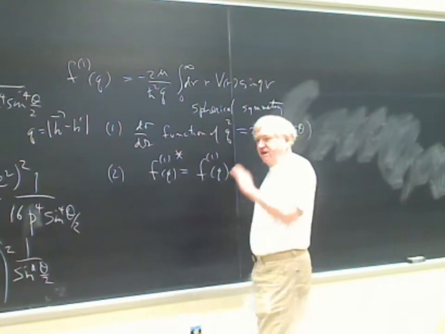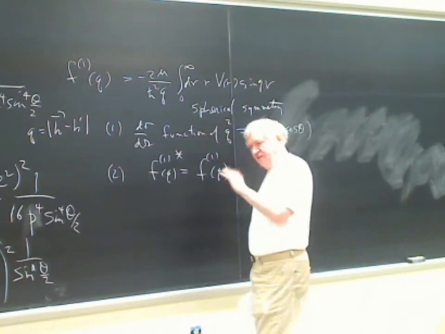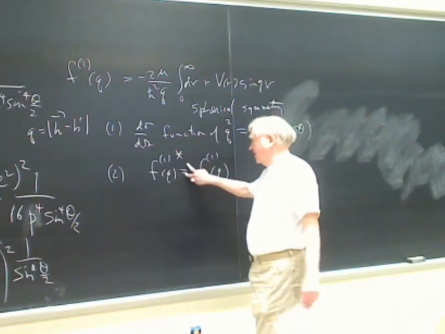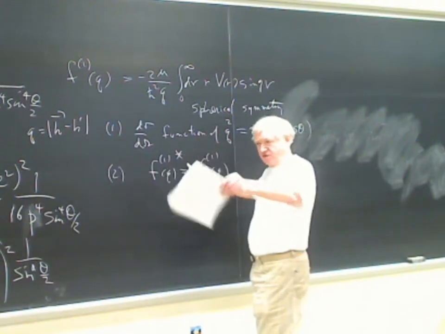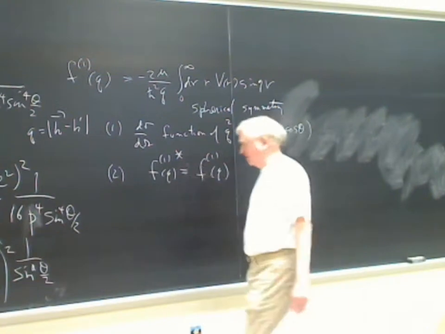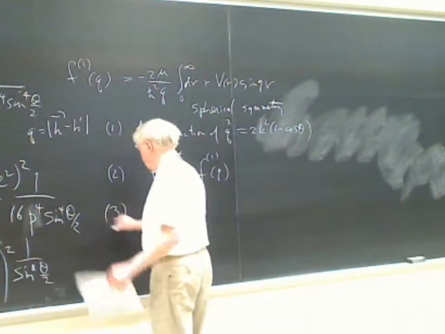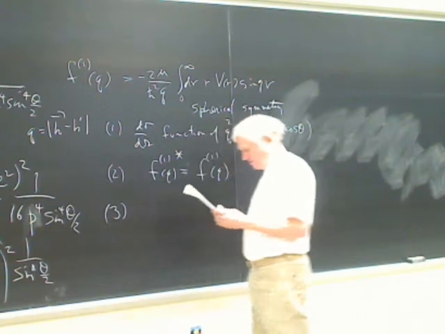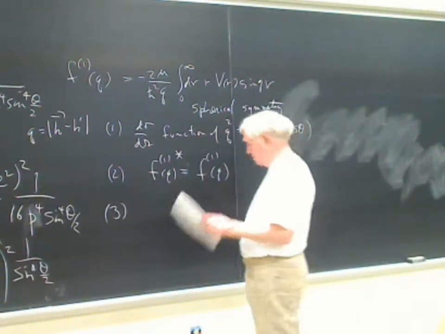In other words, you don't have enough information in the first Born approximation to compute the total cross section, even approximately, because the imaginary part of the forward scattering amplitude should be the total cross section.